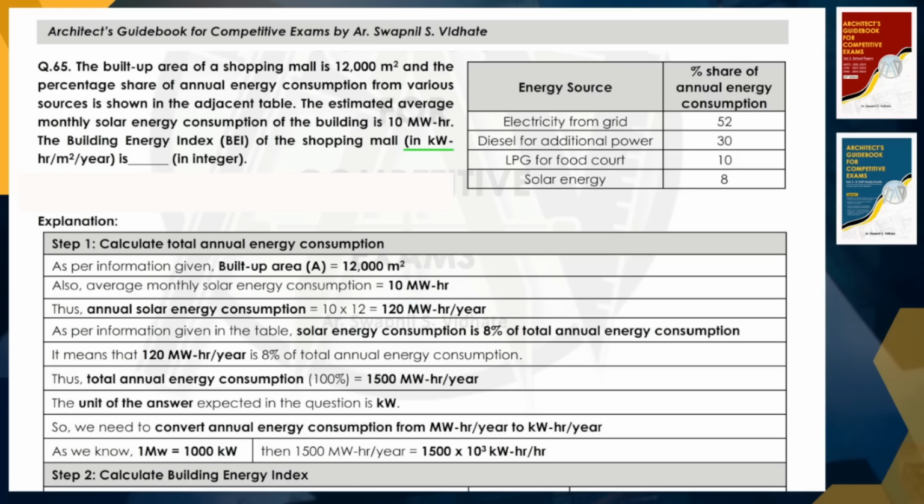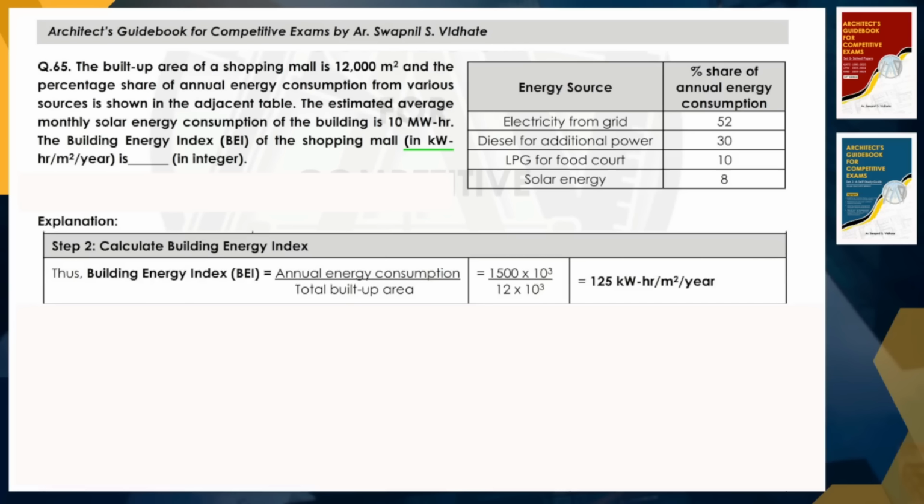Now we need to calculate the building energy index. How can we calculate it? It is defined as the annual energy consumption divided by the total built up area. So here we have calculated the total annual energy consumption as 1500 multiplied by 10 raised to 3, and the total built up area is 12,000 meters square.